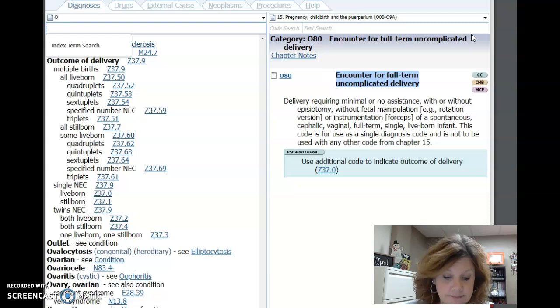They delivered, and we have occipital anterior single live-born, primary uterine inertia. So with this, 39 weeks still makes it normal, but what we're looking at here is the way they were delivered, and they have an issue: the primary uterine inertia.